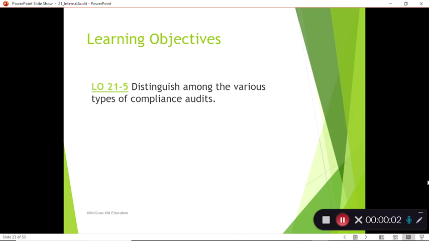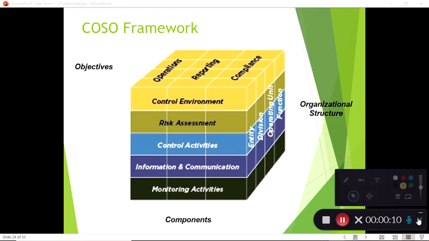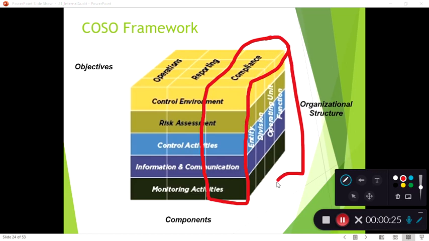Okay, so picking back up with part two of this lecture, the next objective is distinguishing among compliance audits, right? And so, again, we're focused back on the internal control framework. We're focused on this slice, right? This compliance piece. I guess three-dimensionally that would be like this, right?